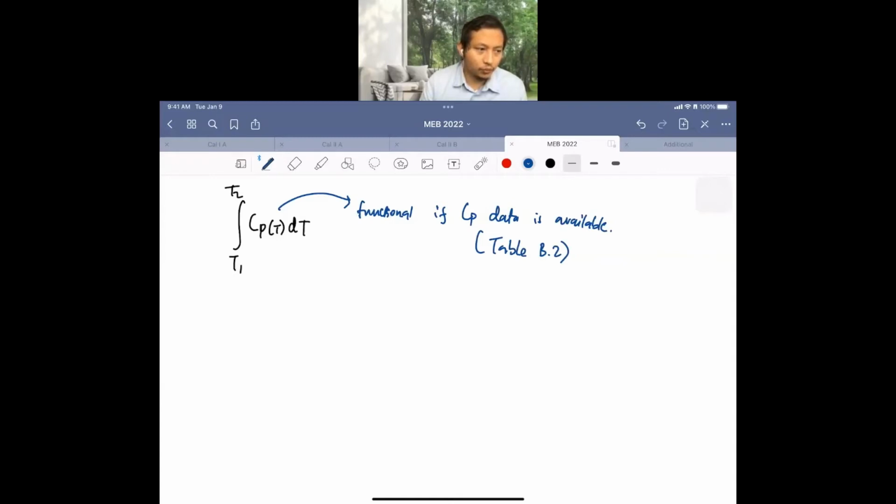Now, what will happen if there's no data? One solution is to use some numerical methods.